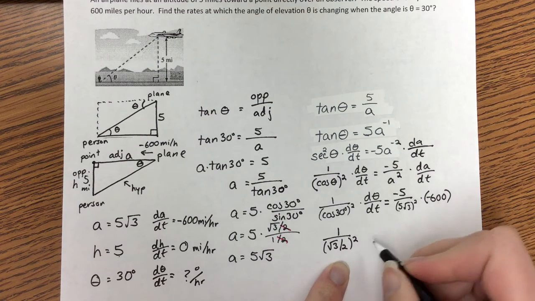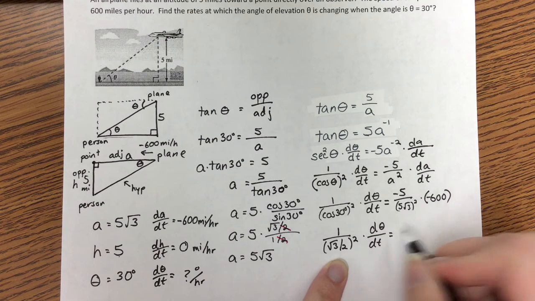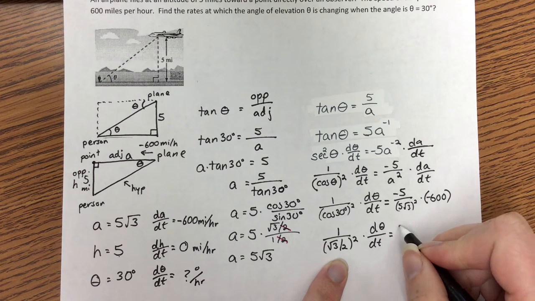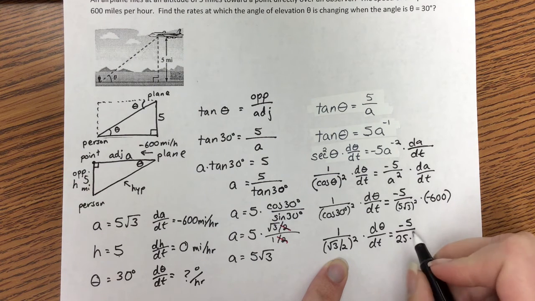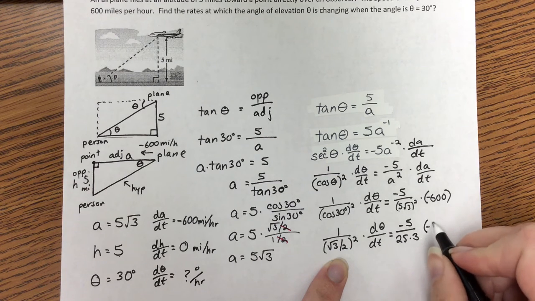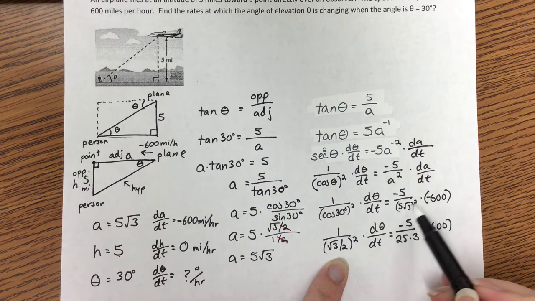That's kind of gross. Times d theta/dt equals negative 5 over, let's see, 25 times root 3 squared is just 3, times negative 600. Okay, so I squared the 5 and squared the root 3.